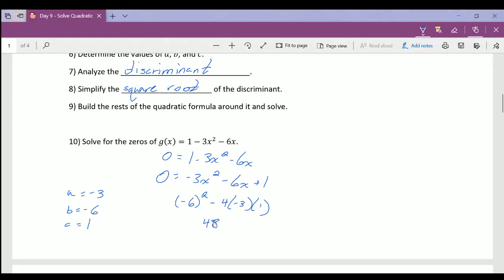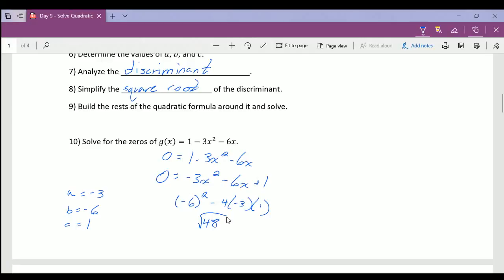Okay, so analyzing it, this is a positive discriminant, so we can tell it's going to have 2 real solutions. And we're going to take the square root of that. The square root of 48.